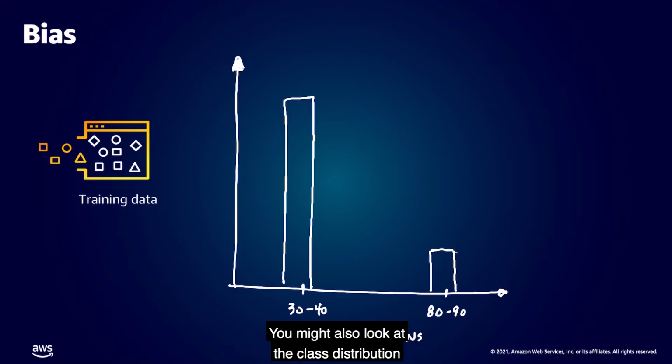You might also look at the class distribution as a function of predictive class. So for each of these bins, how many were approved or denied for their loan?